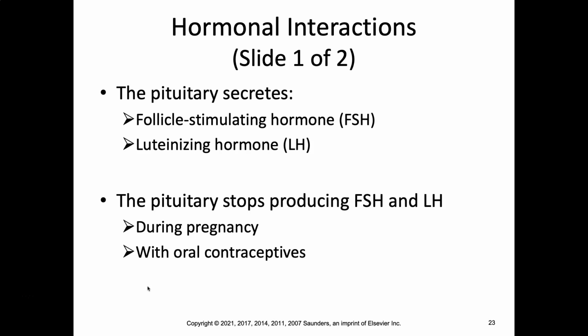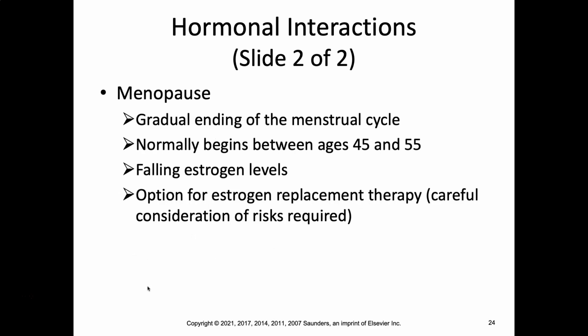So if you are pregnant or on oral contraceptives, i.e. birth control pills, that type of thing, there is a hormonal shift to where your pituitary gland knows not to secrete FSH and LH. But otherwise, if you're not on oral contraceptives or you're not pregnant, your body will just do this. Your pituitary gland knows to secrete those hormones.